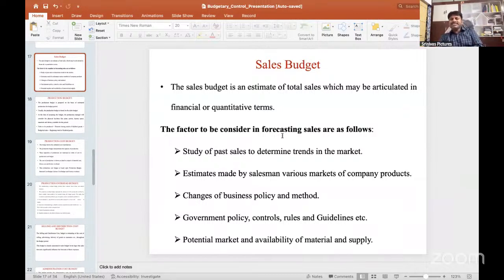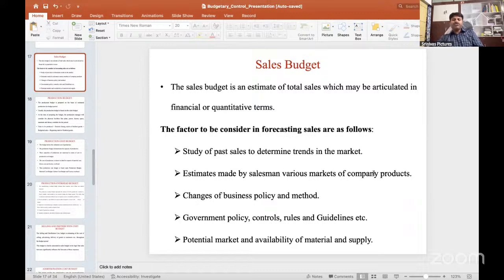The sales budget is the estimate of total sales, which is calculated in financial and quantitative terms.